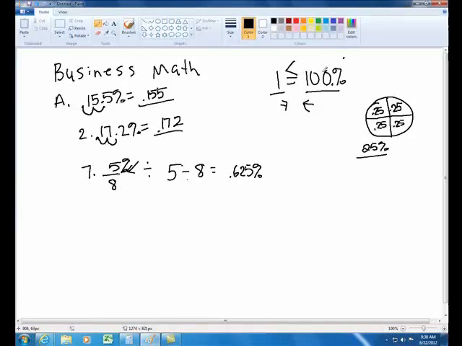Now when I go from percent to decimal, I move my decimal 2 places to the left. Here's my decimal, so 1, 2, 2 places to the left. My answer will be 0.00625.